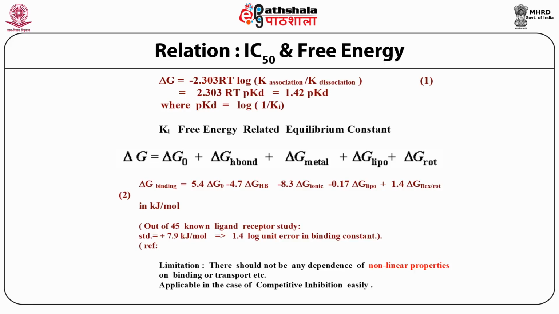Out of them, we derived an equation, equation 2, where one can estimate the energy of every component and whether it contributes positively or negatively. And delta G0 is the constant in the formula, while fitting the equations with the coefficients.